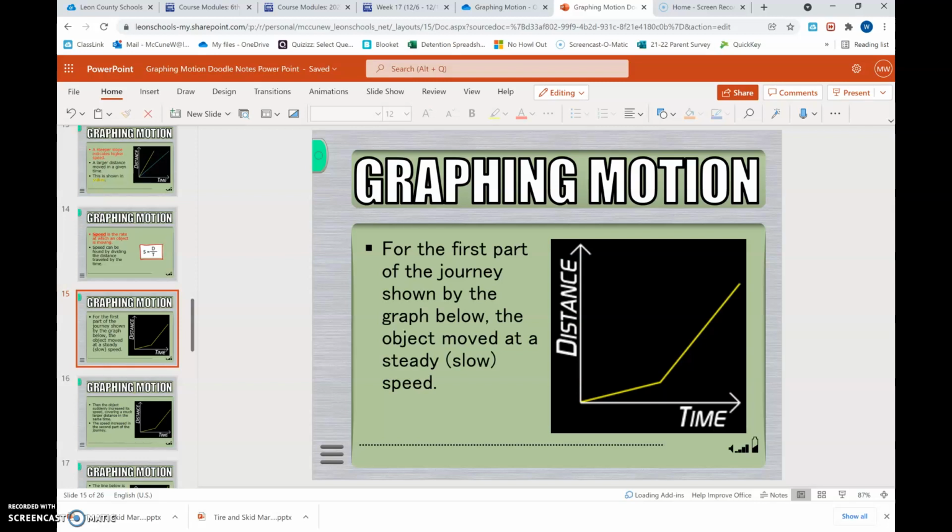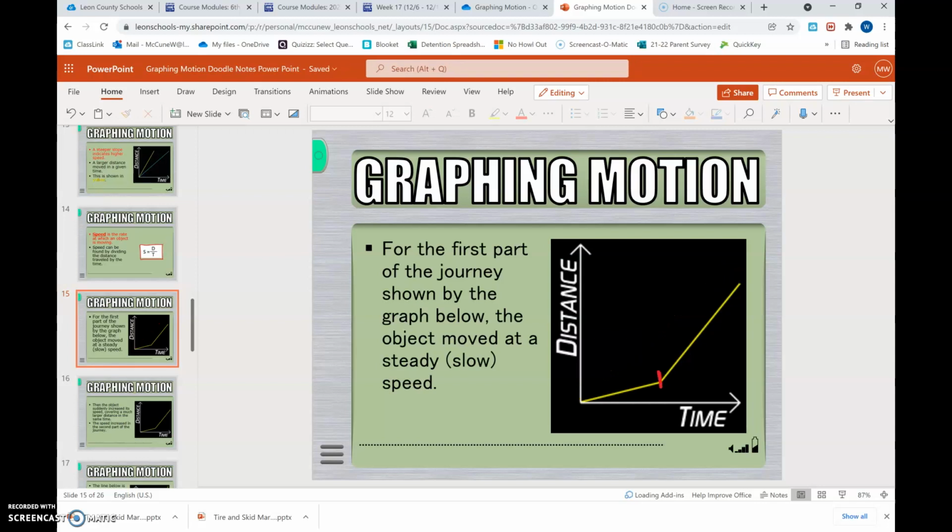This particular graph here shows you a change in motion. For the first part of the journey, the object traveled slow, and then it started traveling faster. Overall, because the graph is not one straight line, it shows you a changing speed.